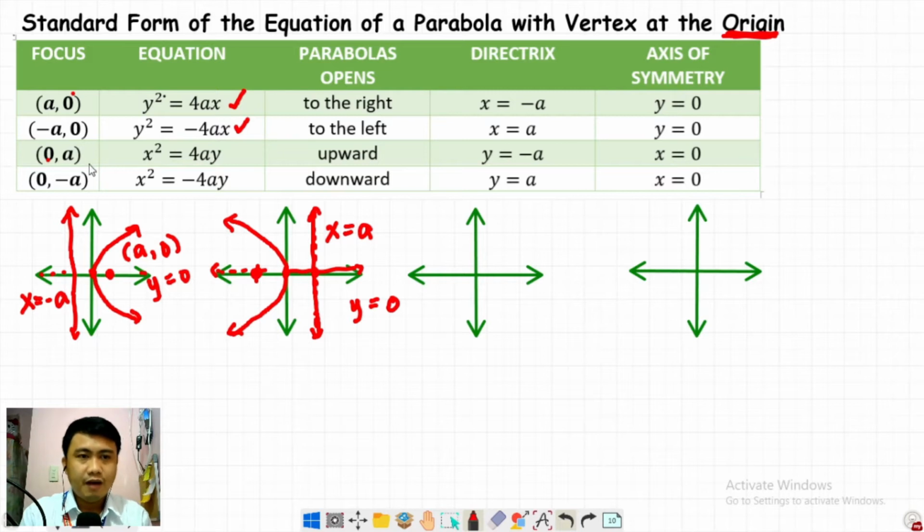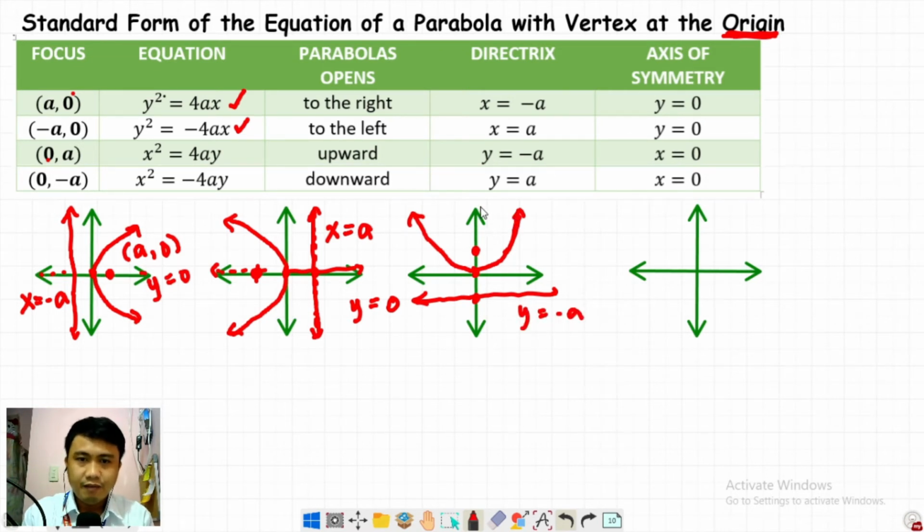Okay, next. What if our focus is located at 0A? 0A, dito siya. This is our focus. And ito po yung vertex natin at origin. So, opens upward, di ba? And, ang ating directrix ay nandito sa baba. This time, horizontal siya. We have y is equal to negative A. Okay?